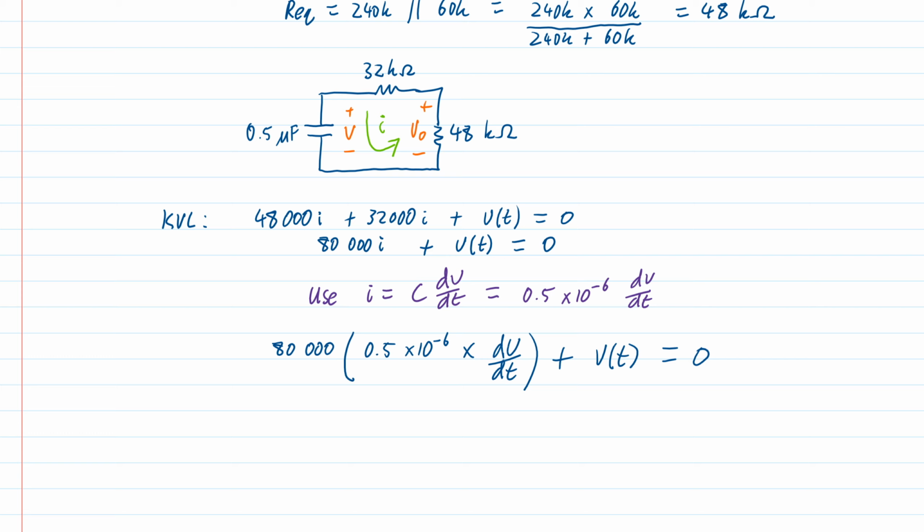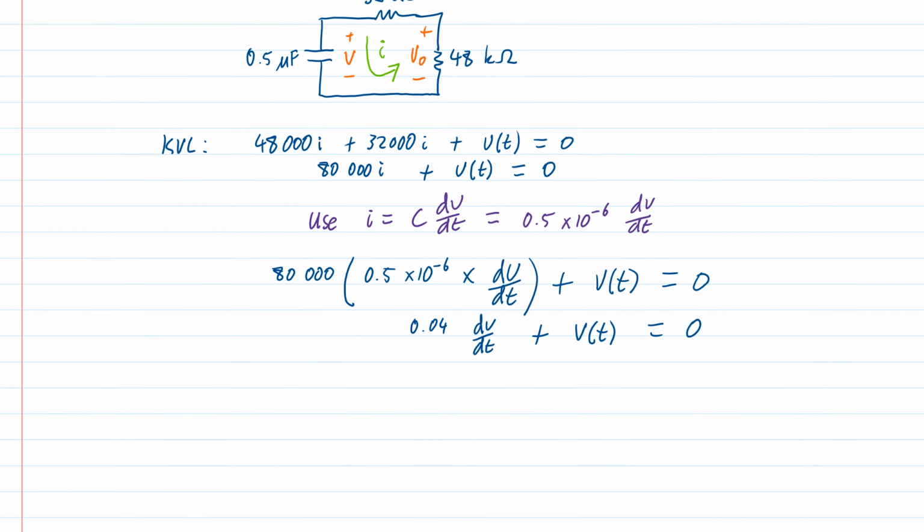Simplifying these numbers, 80,000 times 0.5 times 10 to the minus 6 is 0.04 dV/dt plus V of t is equal to 0.